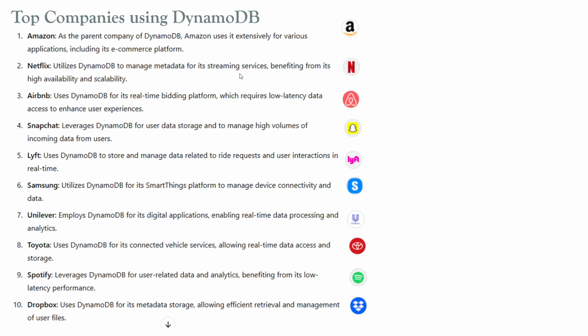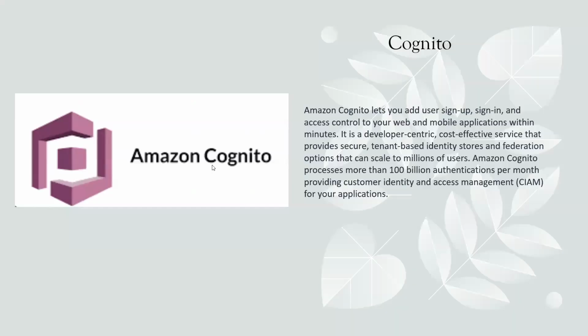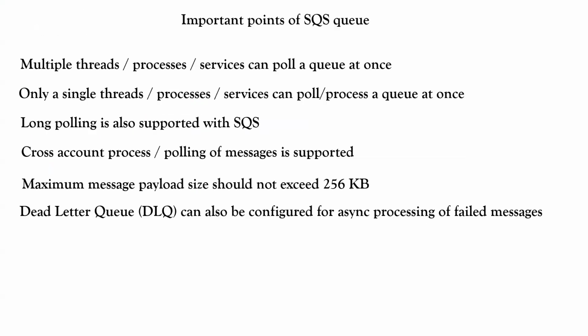Netflix uses DynamoDB for user registration, user profiles, and for storing the metadata of the videos and series. Airbnb is also one of the big brands. Snapchat, Lyft, Samsung, Unilever, Toyota, Spotify, and Dropbox. These are the big companies using DynamoDB. So that was the intro about DynamoDB itself.